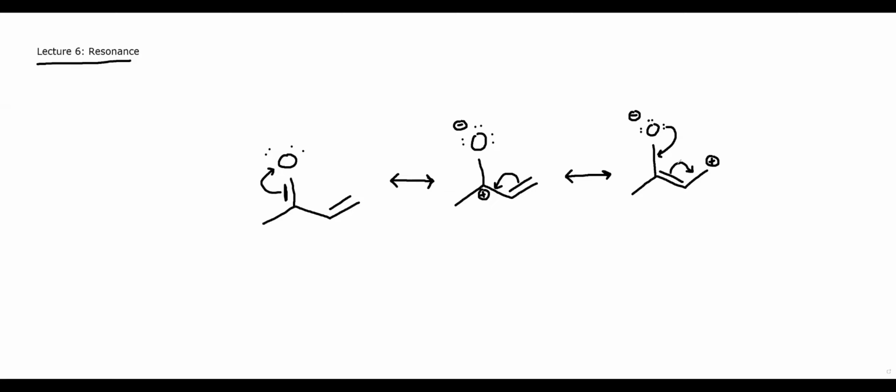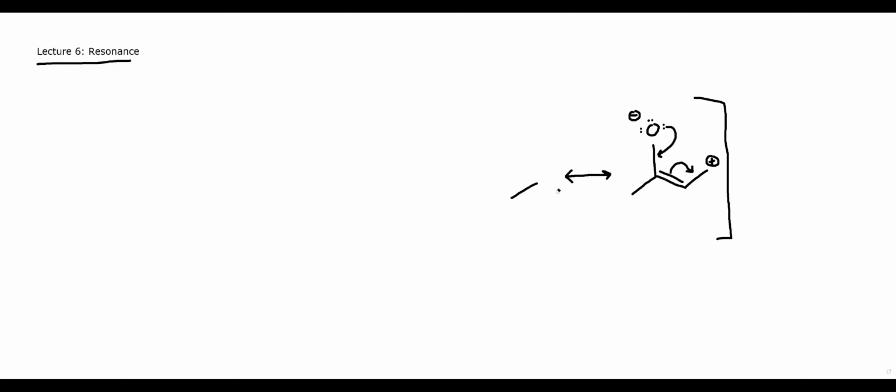So those 2 electrons get bumped out and they make a double bond at this position, which brings us back to the first structure. So these are the 3 resonance structures we could draw for this molecule, okay? Again, just moving p orbital electrons, lone pairs, and pi bonds. It's all about lone pairs and pi bonds.